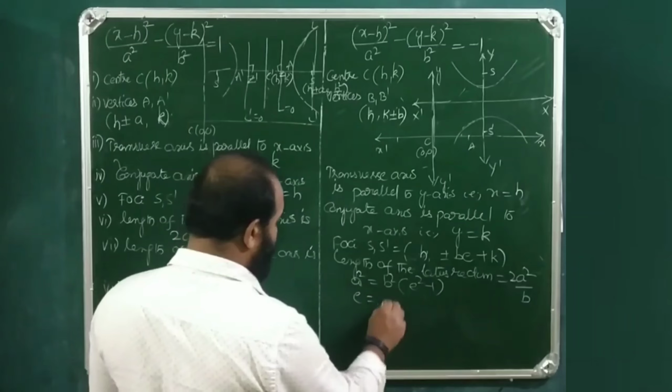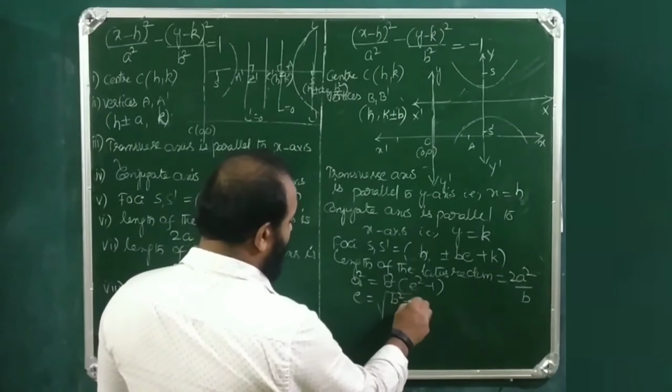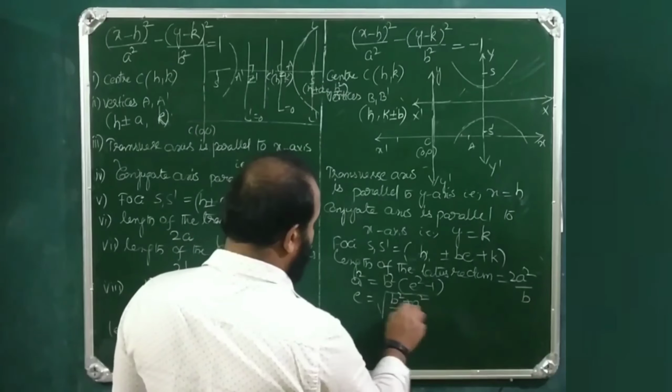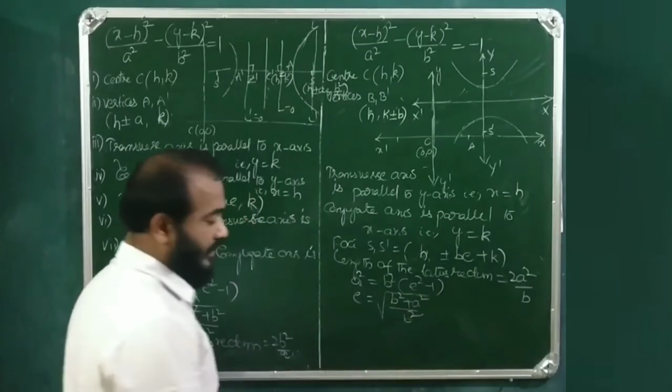So E is equals to square root of B square plus A square by B square.